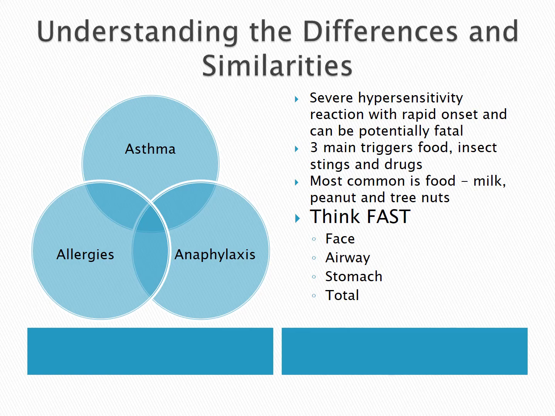In Canadian children, the three main triggers for an anaphylactic reaction are food, insect stings, and drugs. The most common is food, and the most common allergens are to milk, peanuts, and tree nuts. So food allergy affects approximately 7% of Canadians.